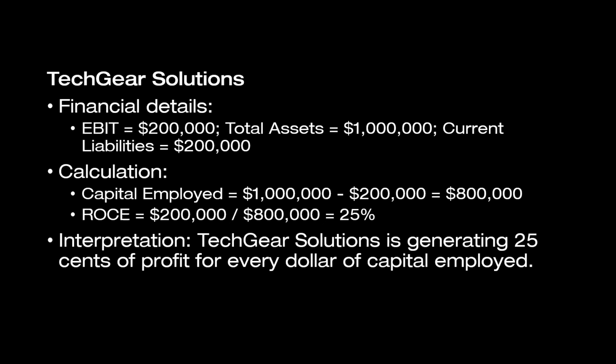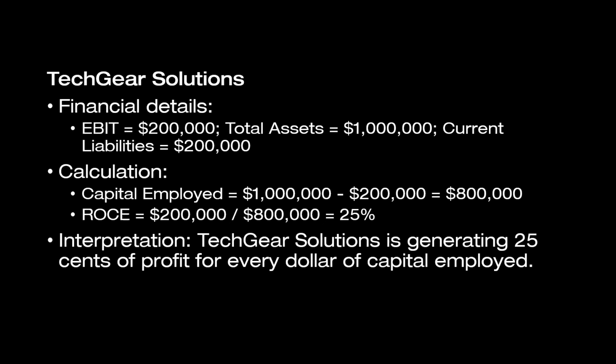And current liabilities, $200,000. First, we need to calculate the capital employed. Now, as we know, capital employed is equal to total assets minus current liabilities, which is $1 million minus $200,000. That's $800,000. That's your total capital employed.